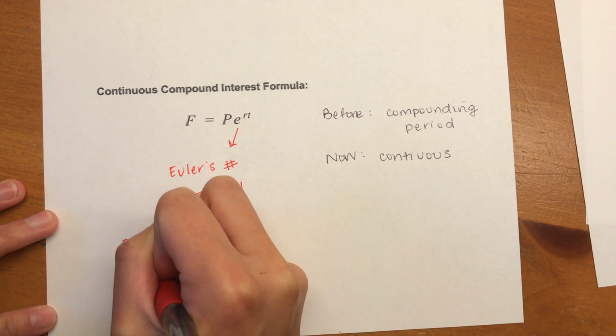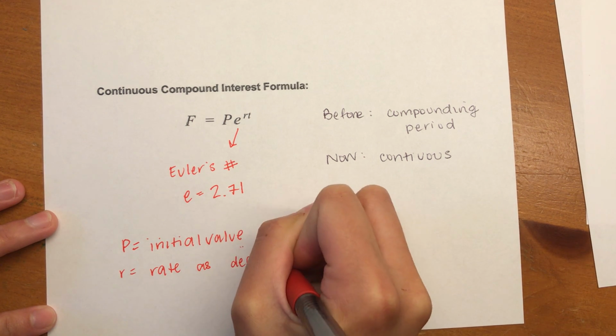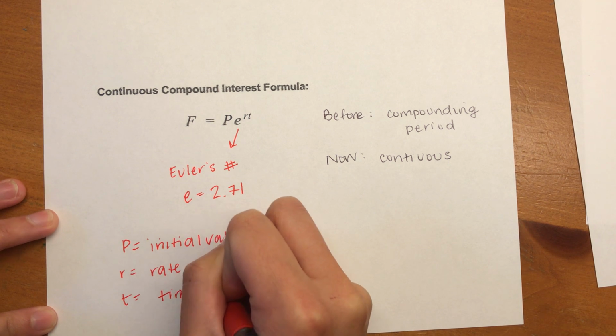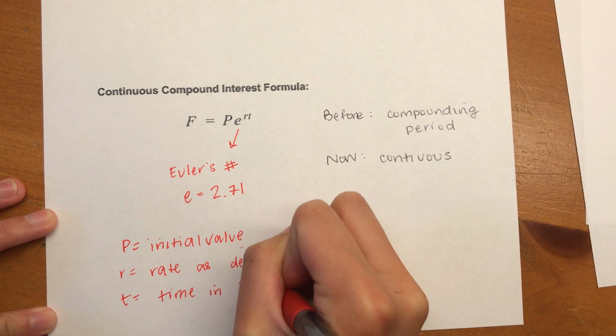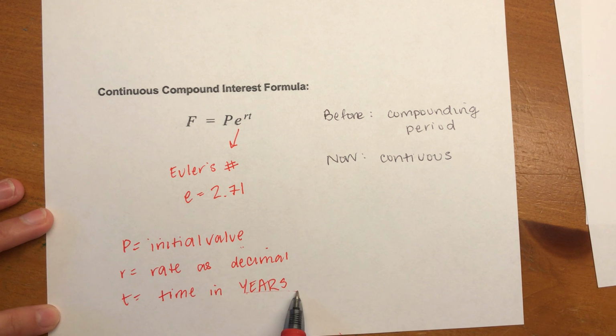R is the rate as a decimal. And again, T is going to be time in years only. Okay, so when we do compound interest, time is always in years. When we do continuous compound interest, time is only in years.